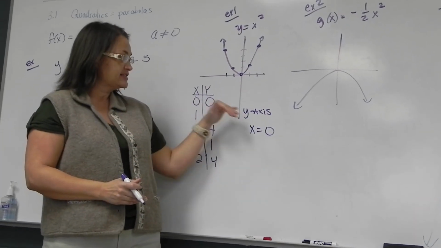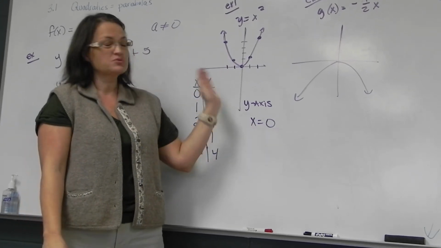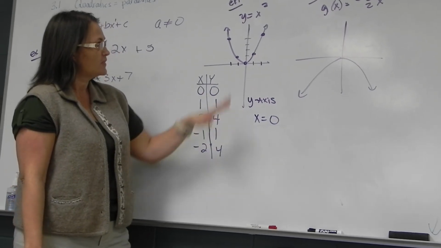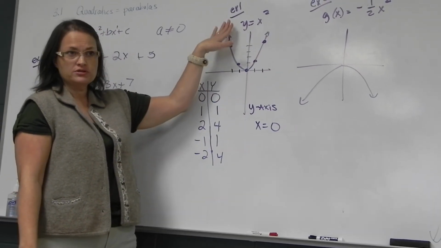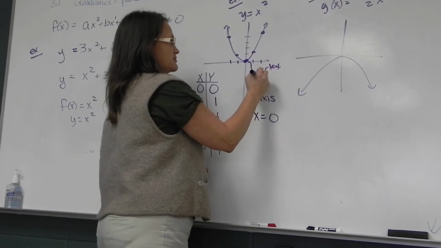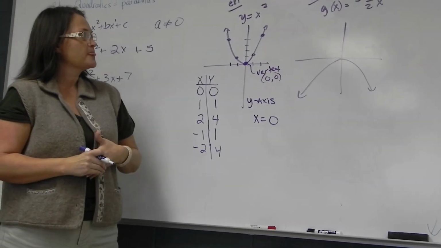So we will say that that's symmetric with the y-axis or the line x equals 0, because we're going to shift these, and sometimes it won't be exactly on the y-axis. And we say that this opens upward, and we call this lowest point the vertex. And when it's not shifted, the vertex is at the origin 0, 0.